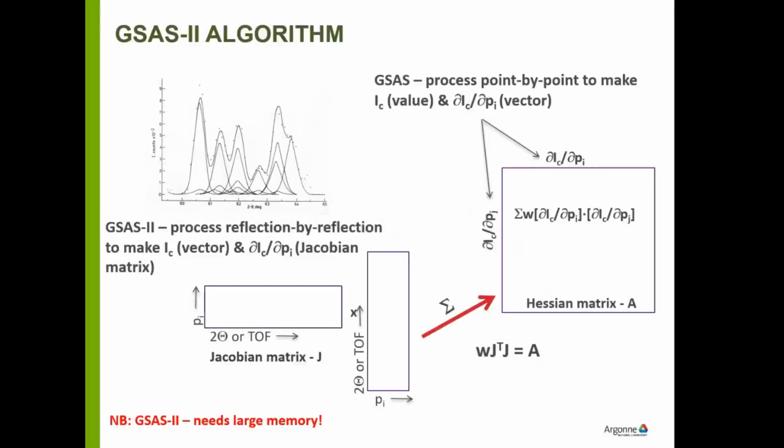In the old GSAS, the algorithm processed the powder pattern point by point, went across the pattern, calculating structure factors as it went along. And in Fortran, that was fast. In Python, no. So in GSAS-II, we do this reflection by reflection.